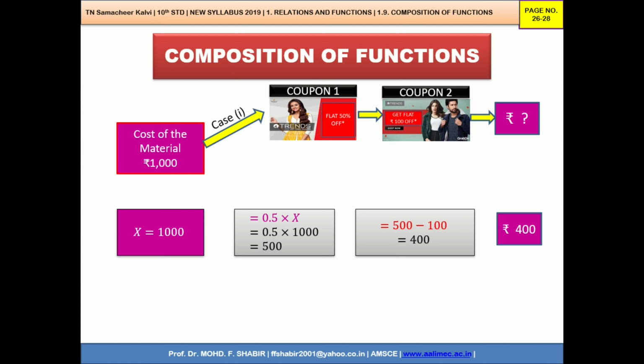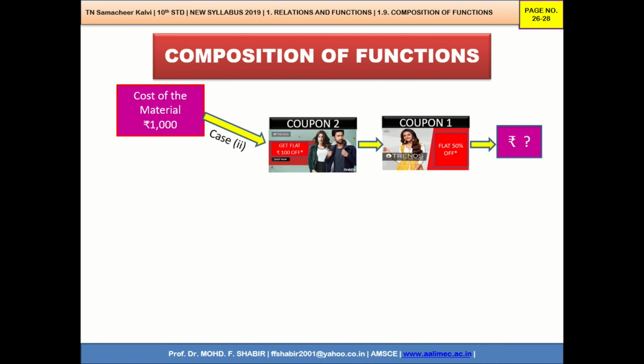Now you can see a chain reaction here. Initial input, he uses coupon 1, then uses coupon 2, he has to pay now 400 rupees. This is a chain reaction. Correct? Now we will see what is the amount paid by the customer if he takes case 2. He uses coupon 2 first, then uses coupon 1. Initial cost 1000 rupees.